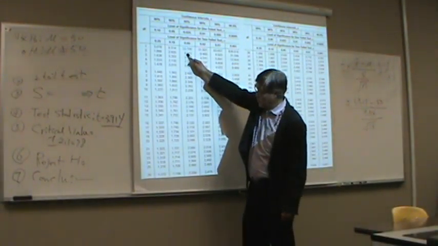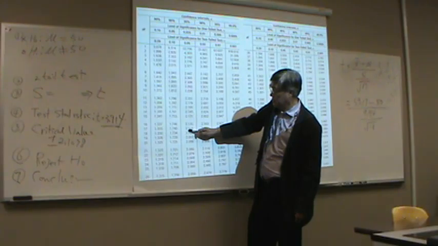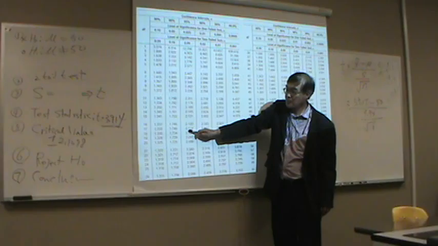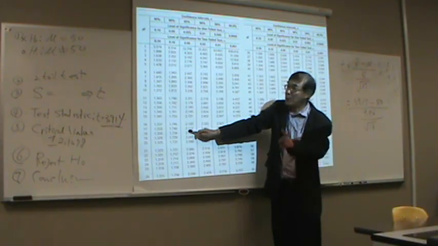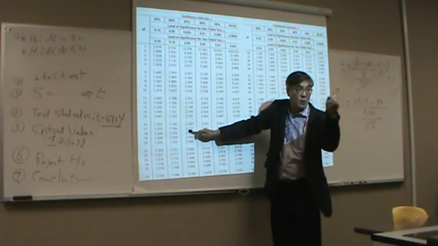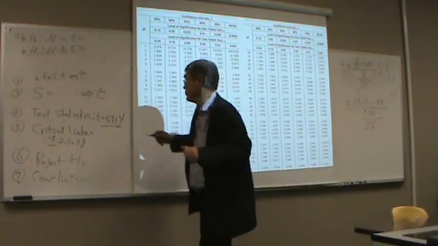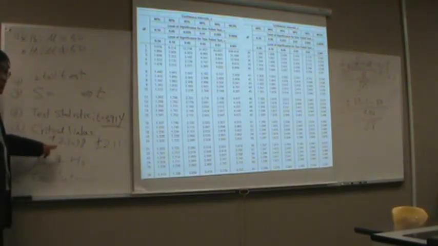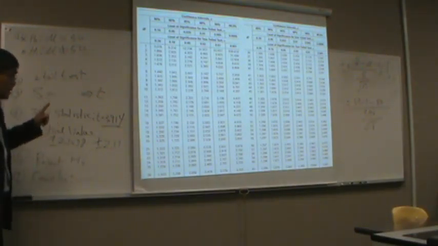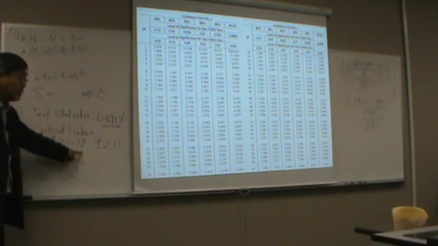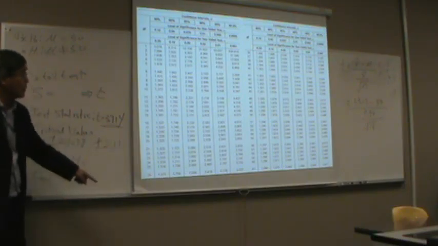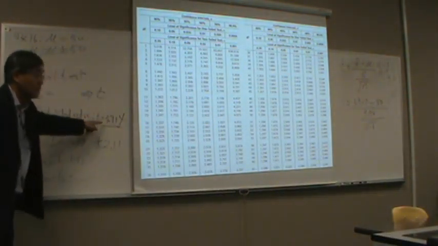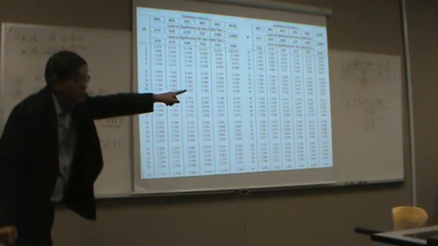0.05, go down to 17, 2.11, because it's two-tail, plus or minus 2.11. Close enough, right? Using PHStat, 2.1098, rounded up 2.11. Calculation, test statistic 3.91, close enough.